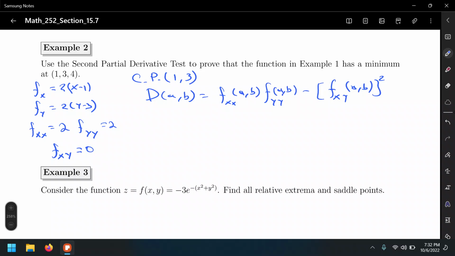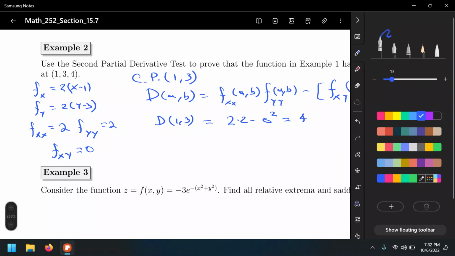Okay, well, in this case, notice our second partial derivatives are constants. We are not going to have any values of x and y to plug in 1 and 3. So this is 2 times 2 minus 0 squared. Okay, so this is equal to 4.